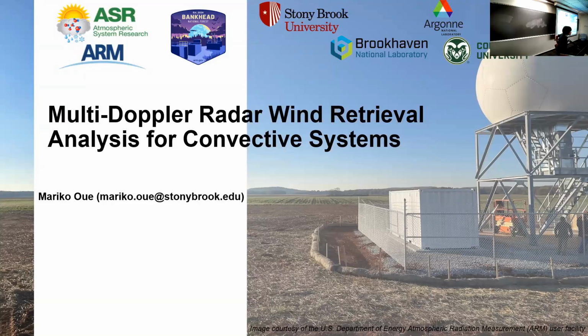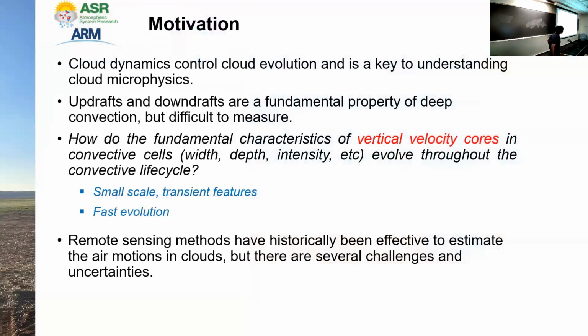So I'd like to talk a little bit about multi-Doppler radar wind retrieval, which means vertical velocity retrievals using the observational dataset for convective systems. The motivation is very simple. Cloud dynamics control cloud evolution, and it's key to understanding cloud microphysics.